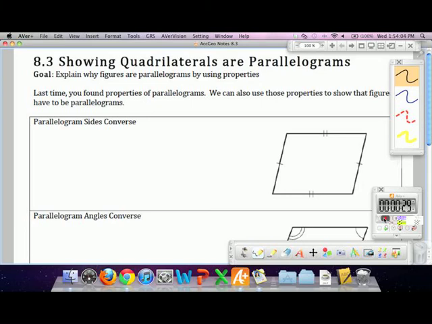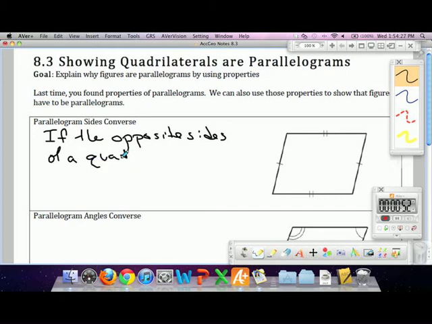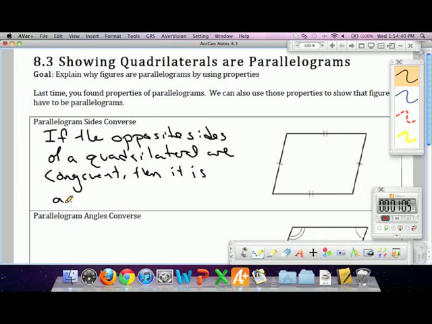These first two ideas are things we can use to explain why two figures must be parallelograms. The first is called the parallel sides converse, and it says the following: if the opposite sides of a quadrilateral are congruent, then it is a parallelogram.